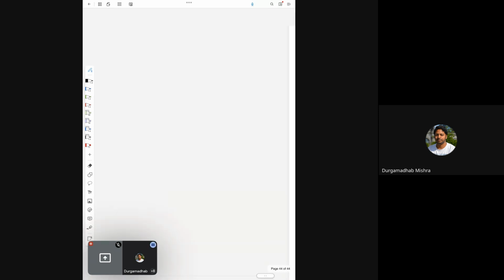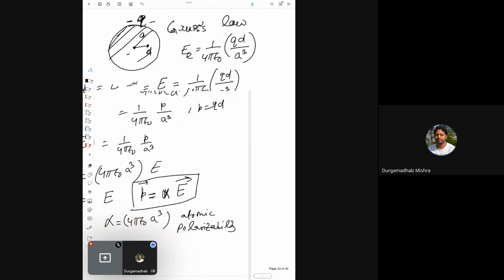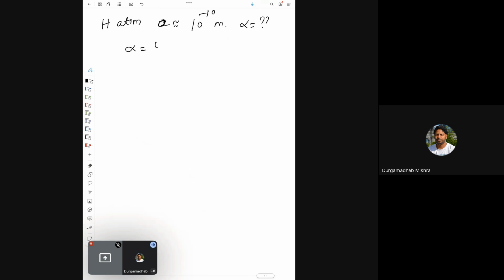So you can find out this atomic polarizability. Sometimes in the question a particular atom will be given, for example a hydrogen atom or helium, and what you need to know is the value of a, which will be given. So what is alpha? We know this relation: alpha will be equal to 4 pi epsilon naught a cubed.